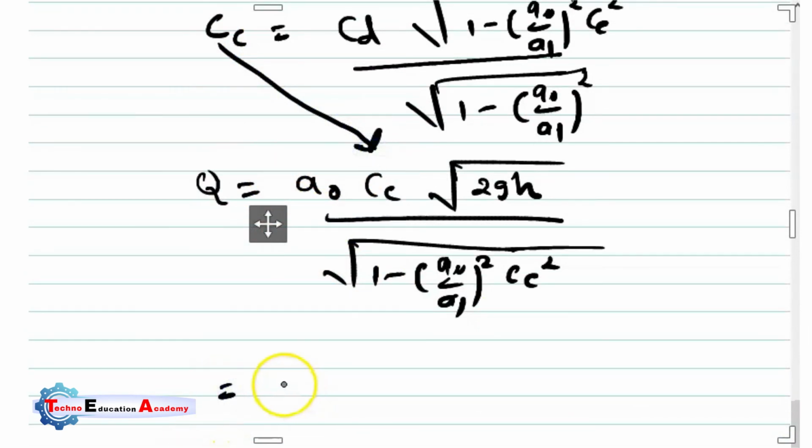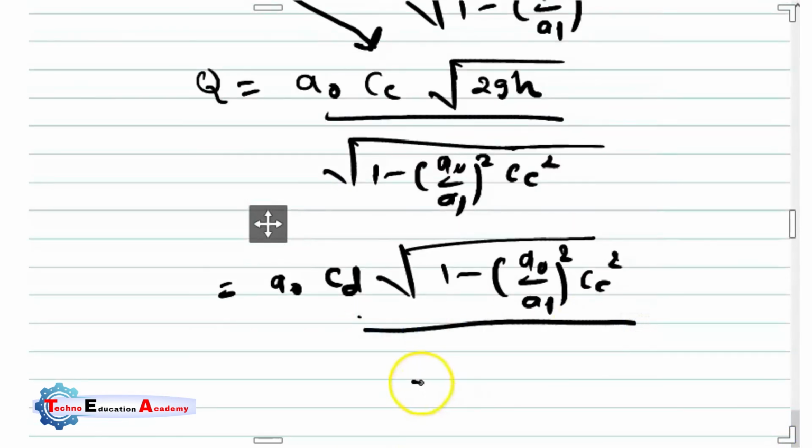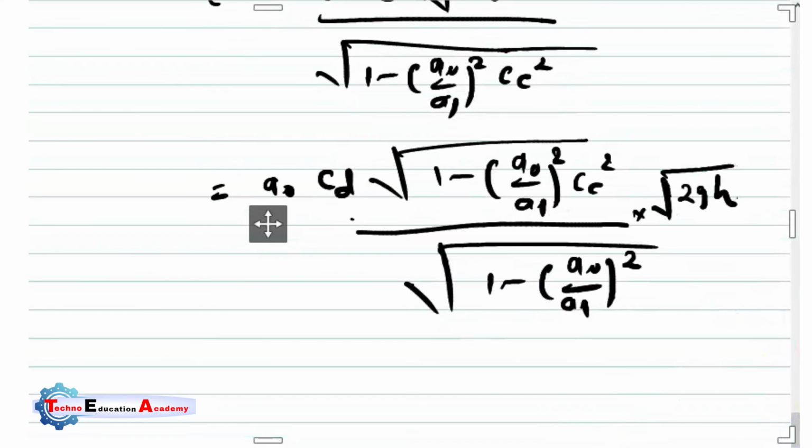So Q is equal to A0 CD under root 1 minus (A0 by A1) square CC square divided by under root 1 minus (A0 by A1) whole square, multiplied by under root 2gh divided by under root 1 minus (A0 by A1) whole square CC square.